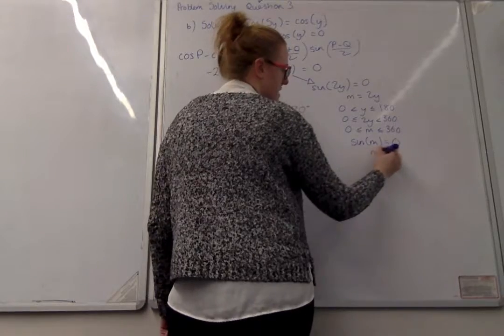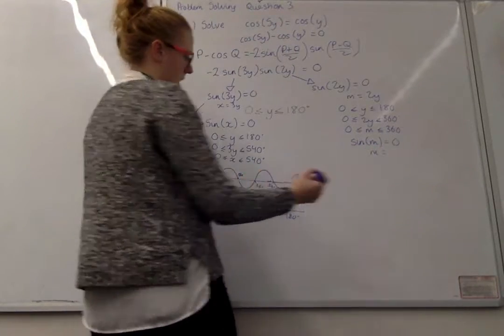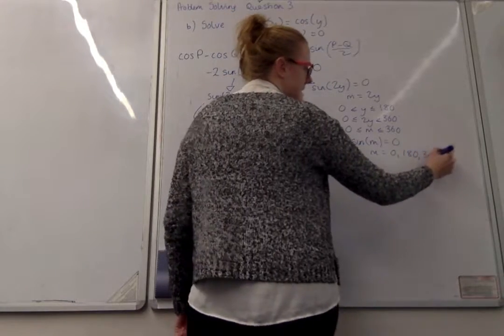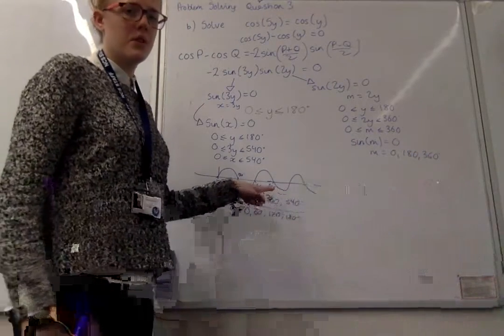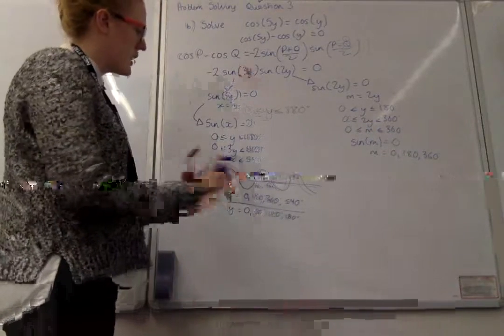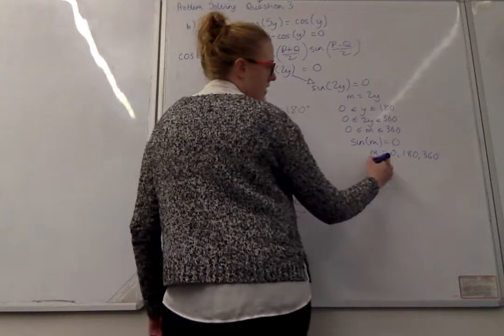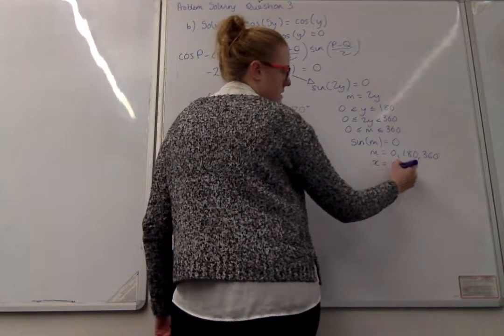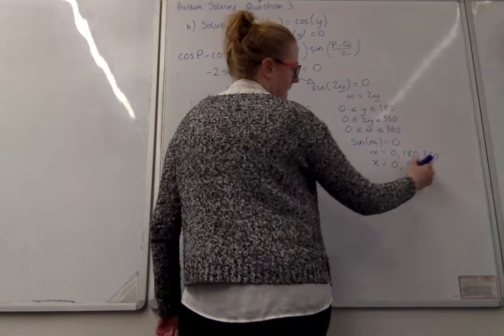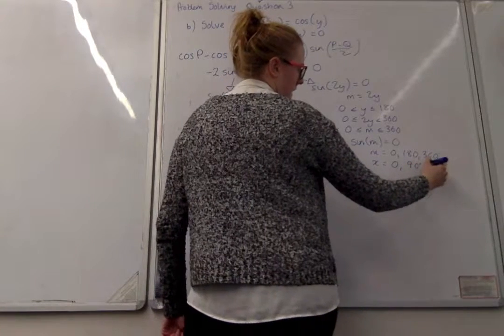Again, using the same process, I know that it must be 0, 180, or 360. I can't include that higher one, because I can only go up to 360. So that's fine, and then I can quite clearly see that y must be half of those. And then I start to form the solutions that I've got.